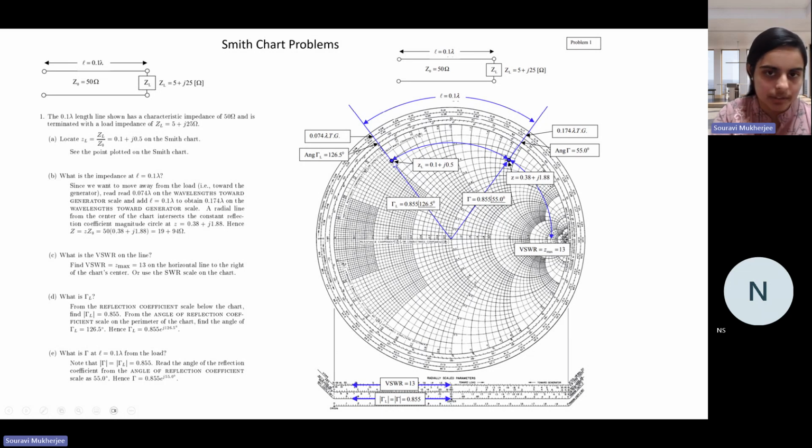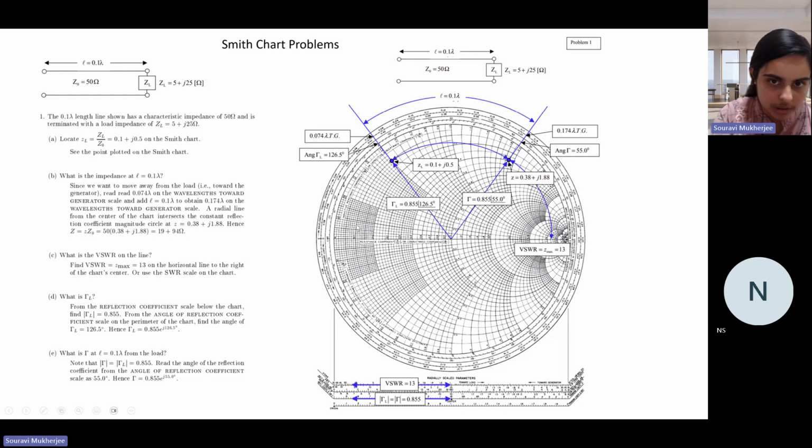So now if you draw this circle, what happens when it intersects this horizontal line? That means at this point, it's a purely resistive load, right? And we know that the resistance increases from outwards to inwards. So this point gives you the maximum resistance on the line, right?